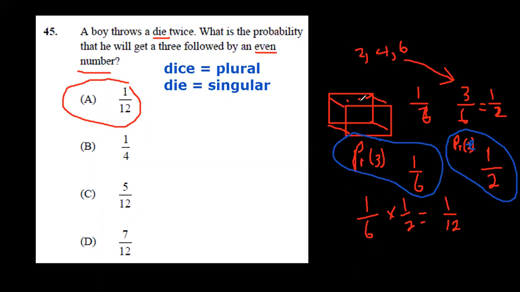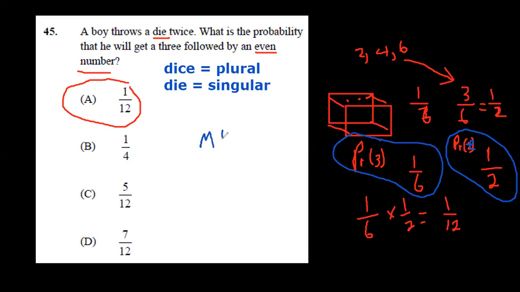So if you need the probability of a 3 followed by an even number, these two events are not mutually exclusive, which means you can get a 3 and you can get an even number after. So when it's not mutually exclusive, you multiply the probabilities.